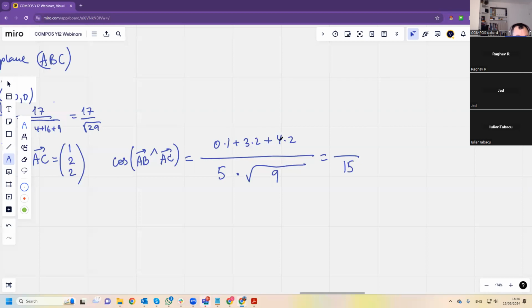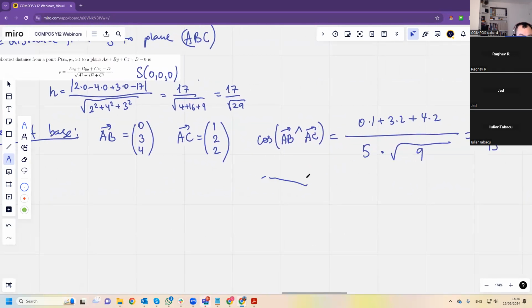And on top, it's going to be 6 plus 8, which is 14. So the cosine of the angle. Then we can find the sine of the angle.